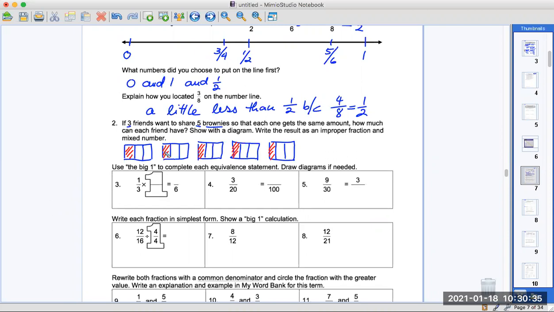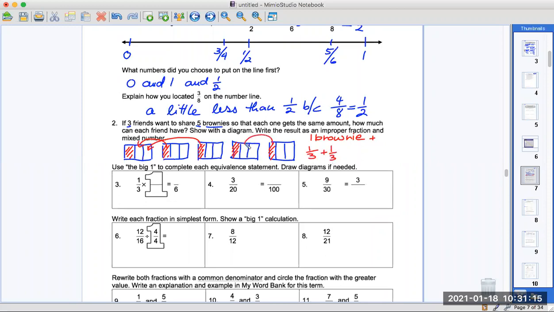Okay, let's think. How much would that be? We can think to put this one here and this one here. That would make it 1 brownie, right? And then, if we take that one, put it here, we have 1 whole brownie, and then this one and this one would be left over, plus 1/3 plus another 1/3, right?